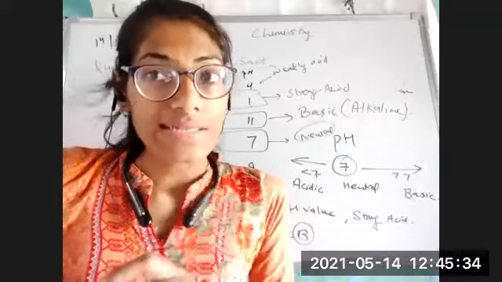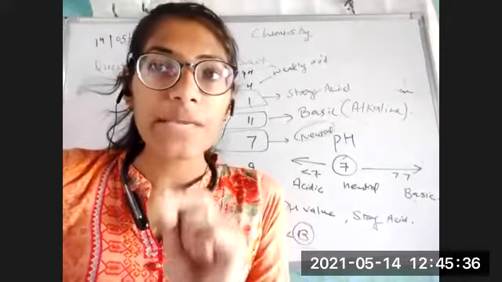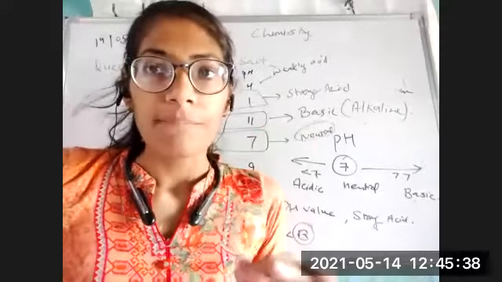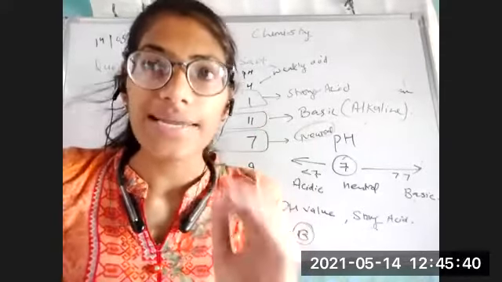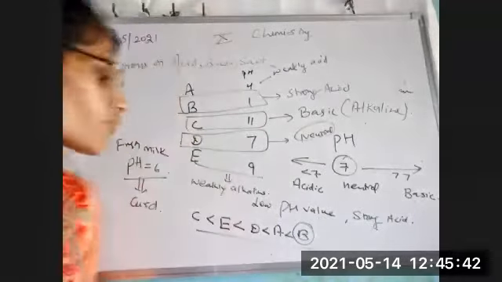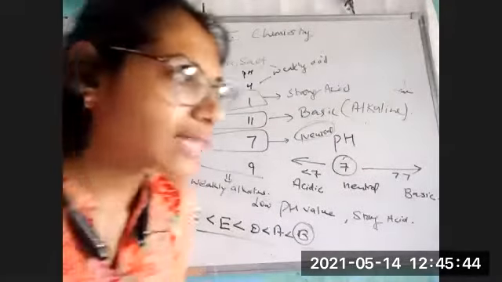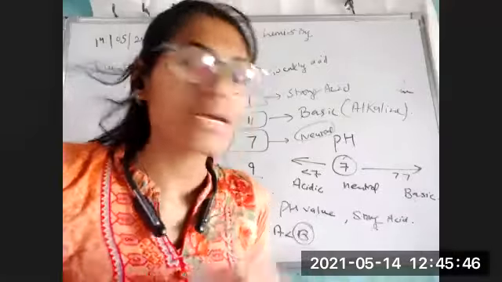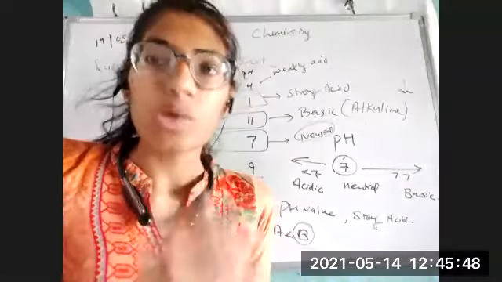If there is lactic acid, the pH value would be lowered because an acid has a pH value less than 7. So what would be the answer? Due to formation of lactic acid, the pH value would be lowered.